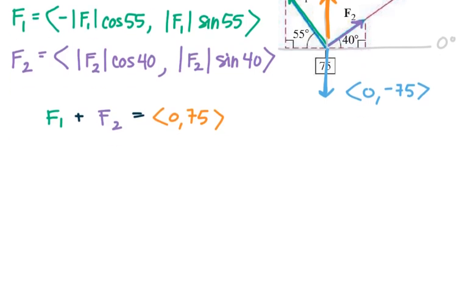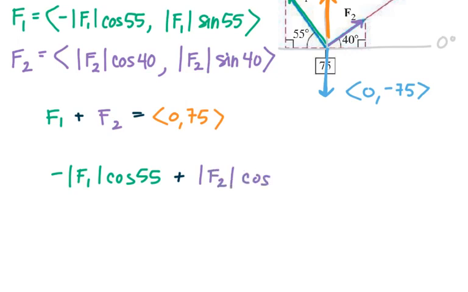And what we see here is the sum of these two vectors giving us the resultant. This leads to a system of equations. We have our x components, the negative magnitude of force 1 times cosine of 55, plus the x component for force 2, the magnitude of force 2 times cosine 40. Those need to sum together and equal the x component of my resultant, 0.